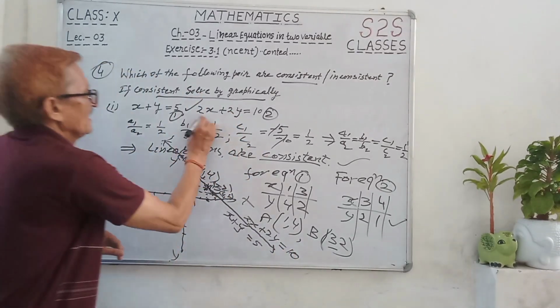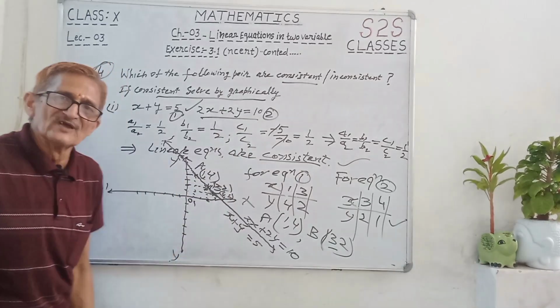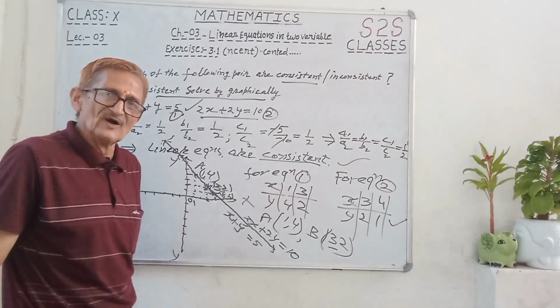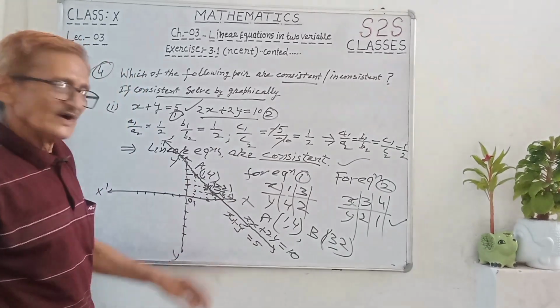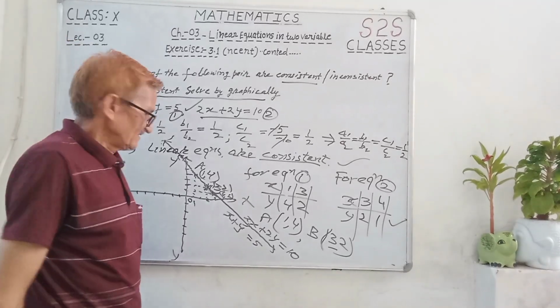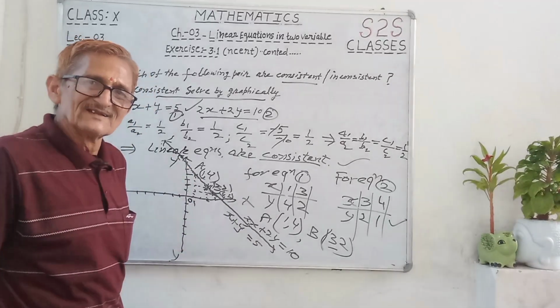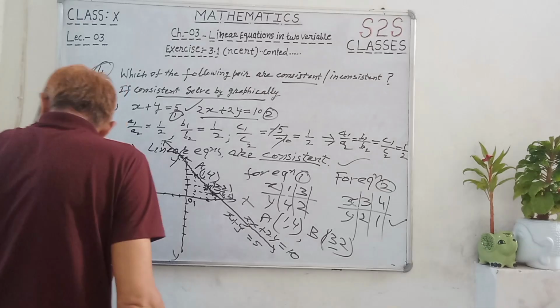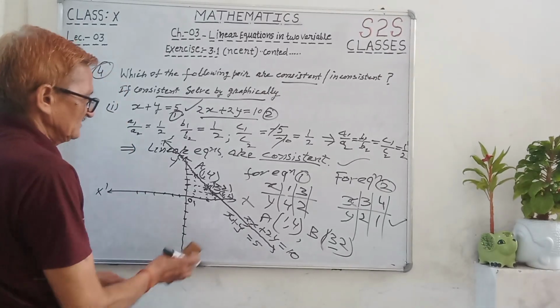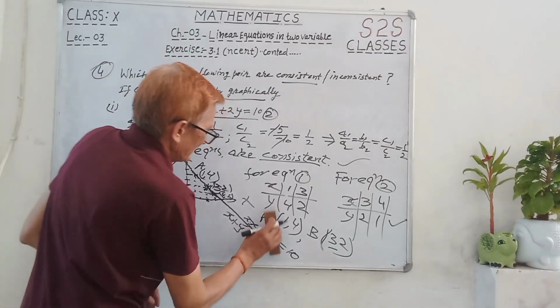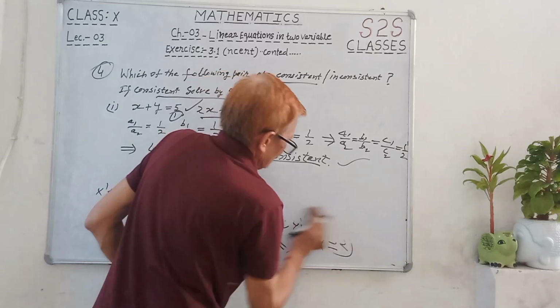This line is coincident, overlapping. So infinitely many solutions. If same line, then we write infinitely many solutions. So write the answer: infinitely many solutions.